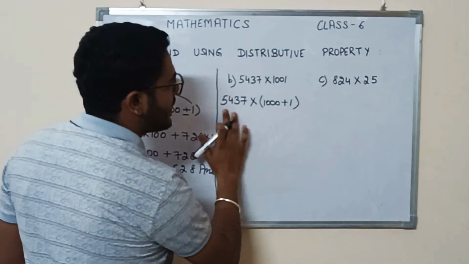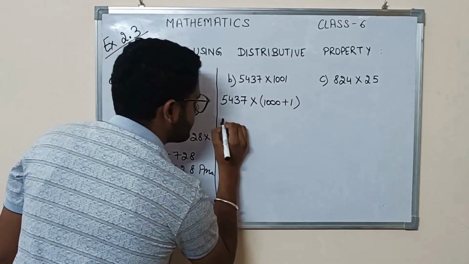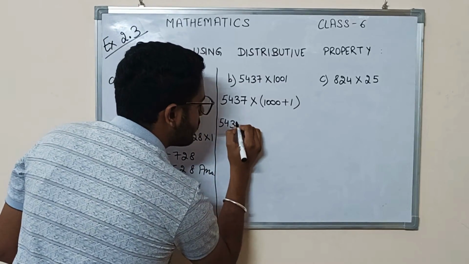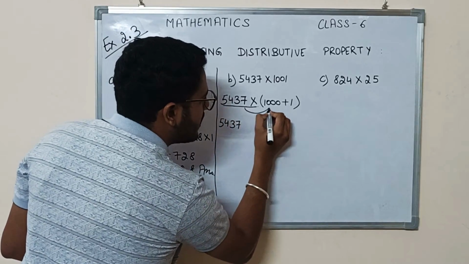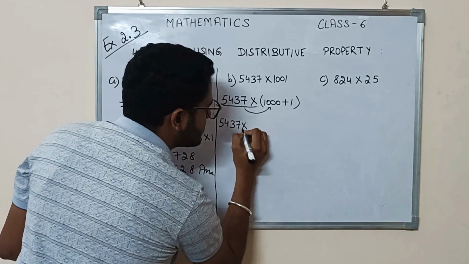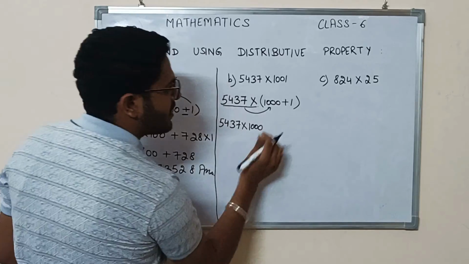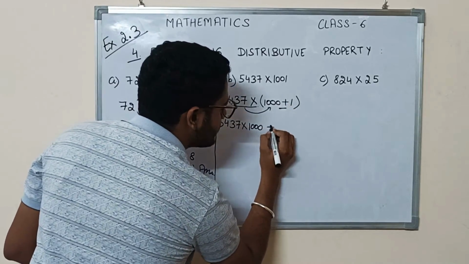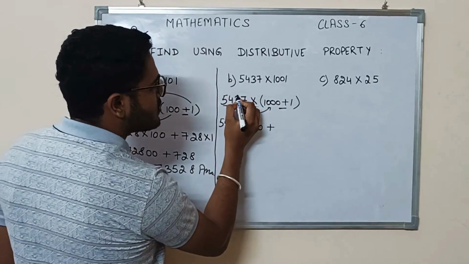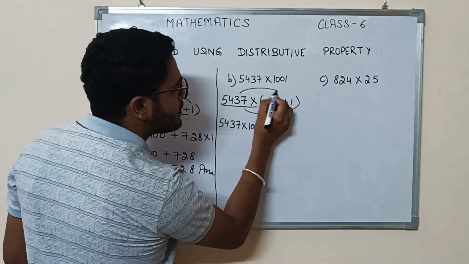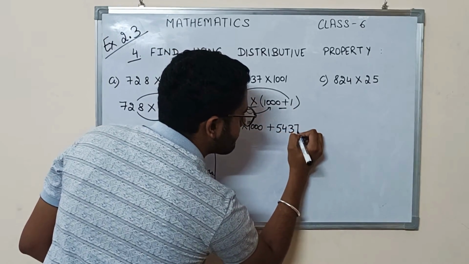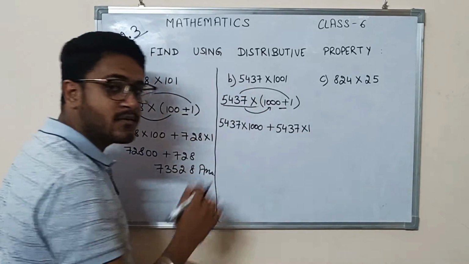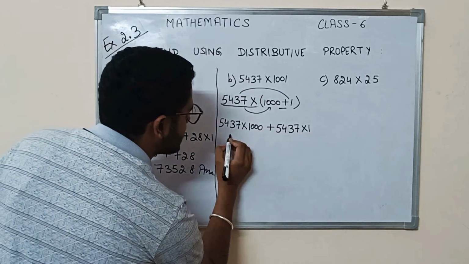Now apply the distributive property on this: 5437 multiplied by 1000, plus 5437 multiplied by 1.